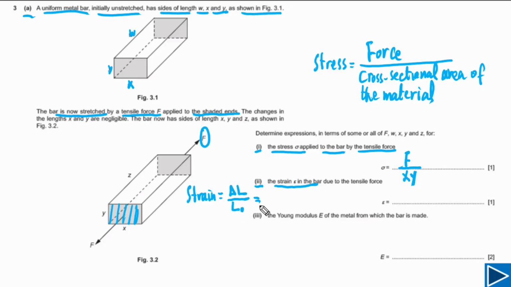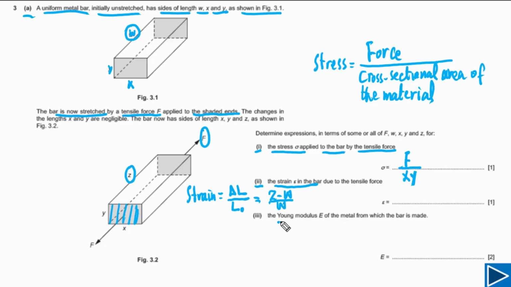In this case, the original length is W, and this side now becomes Z. So delta L is Z minus W, divided by the original length W. This is how you can write down strain.